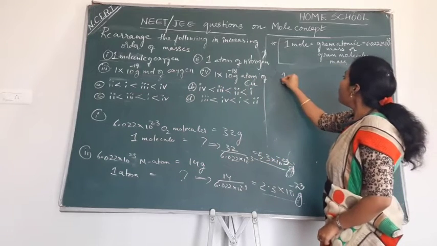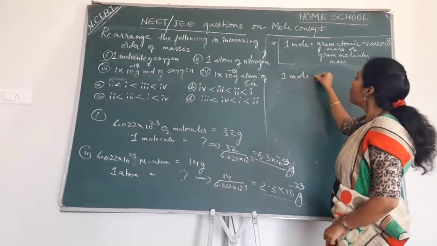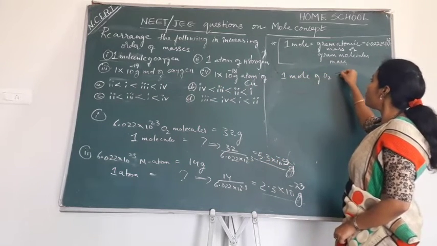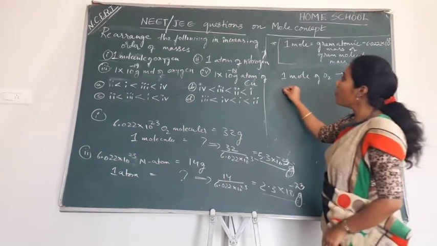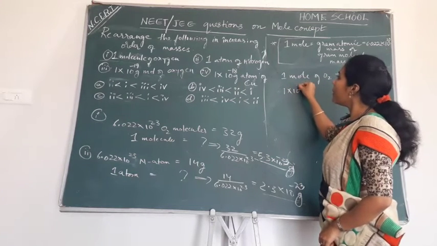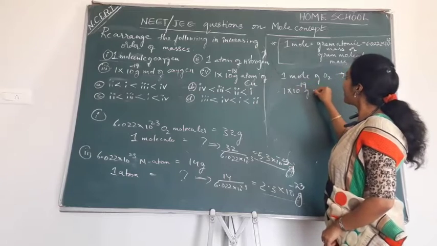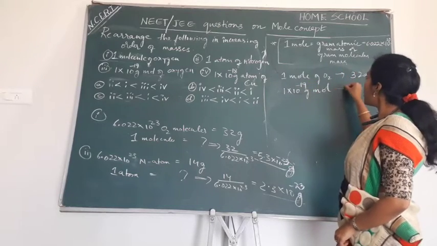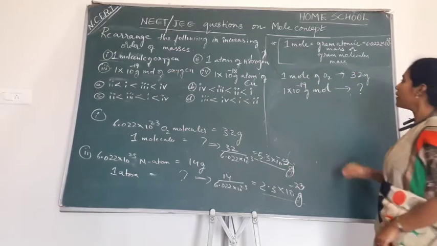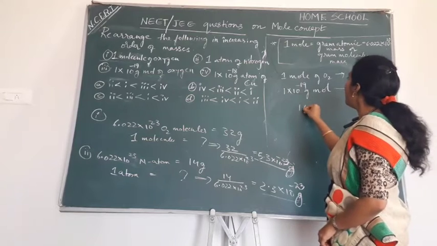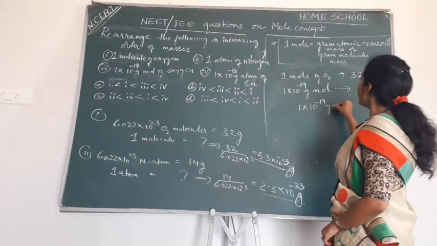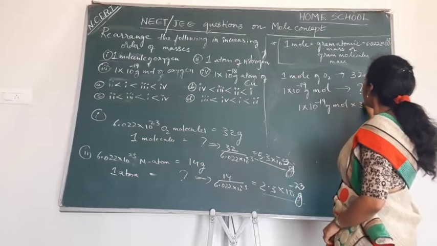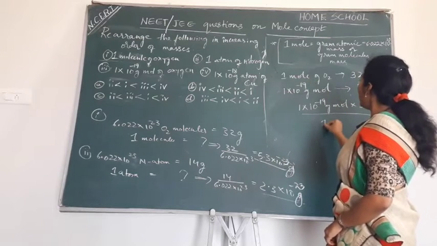We all know 1 mole of oxygen has a mass of 32 grams. So 1 into 10 to the power of minus 19 gram mole of oxygen has how much mass? It will be 1 into 10 to the power of minus 19 gram mole into 32 divided by 1 mole.